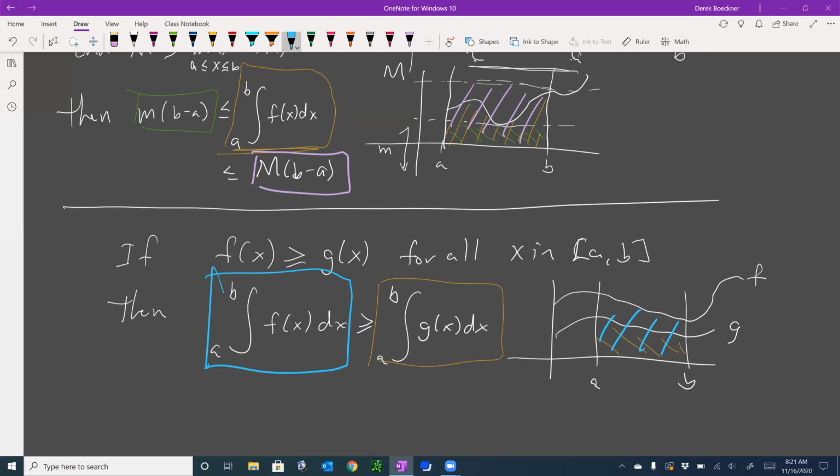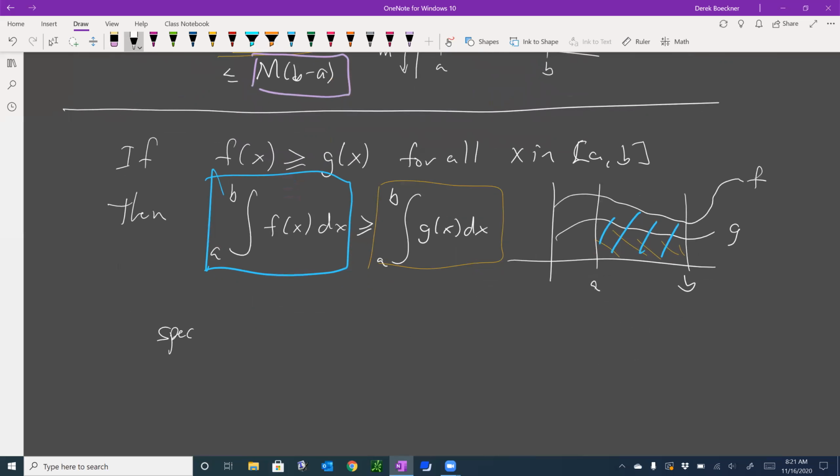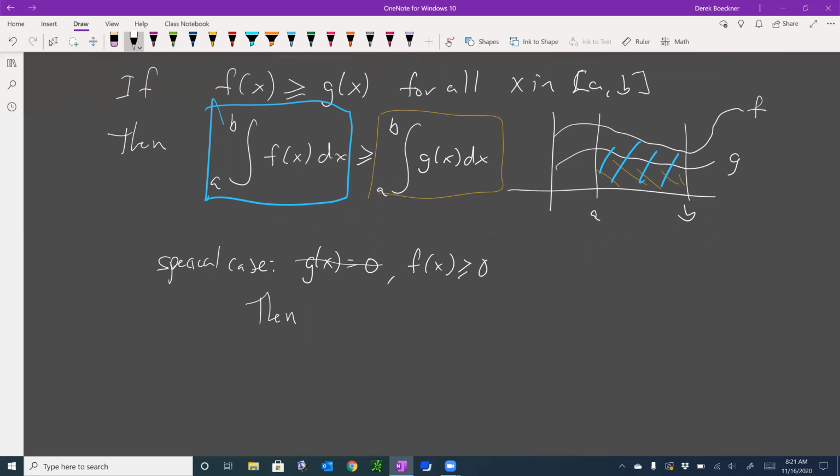In particular, if g of x is equal to 0 and f of x is always bigger than g of x, so f of x is always bigger than 0, then the integral from a to b of f of x dx is bigger than or equal to 0.